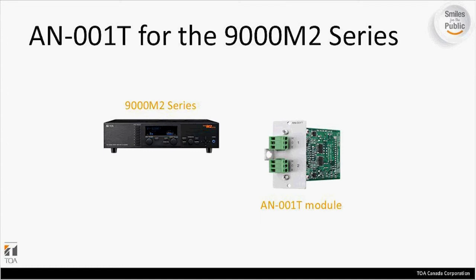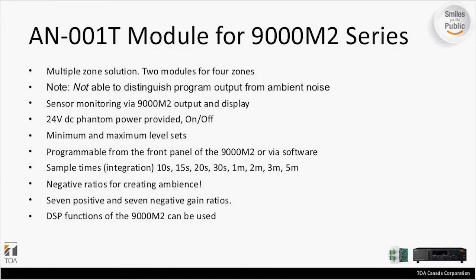We're going to look now at our other product, the AN001T, and that's designed to work with the 9000 series mixer amplifiers. So the mixer that we would use in this case would be the M9000M2. And look at some of the characteristics of this.